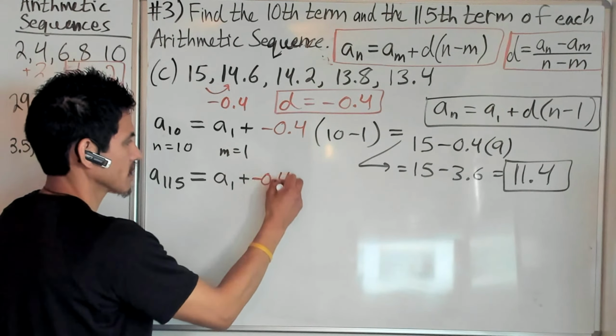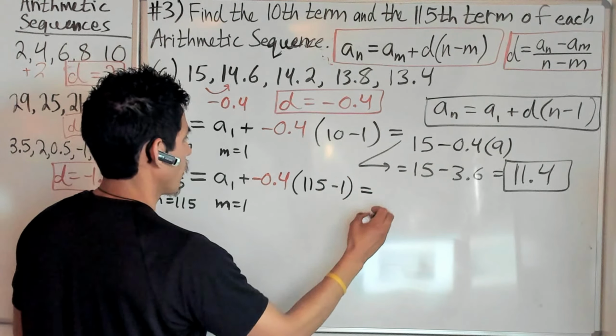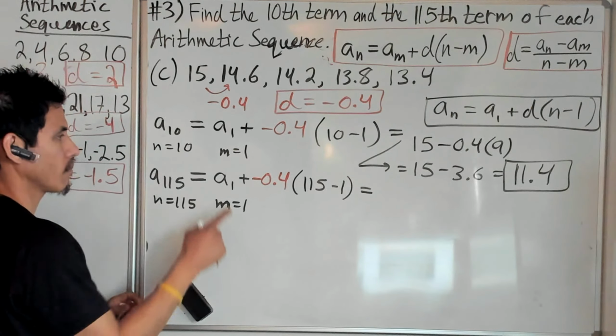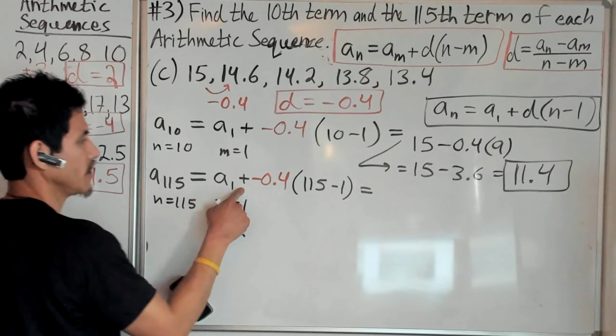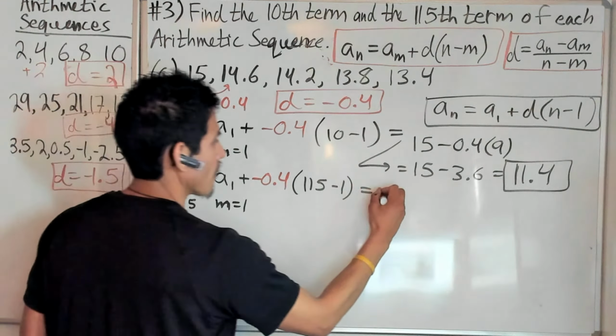And n in this case is 115, m is 1, so we're going to take 115 minus 1 in here. And we're going to get 15 minus 0.4 times 114.